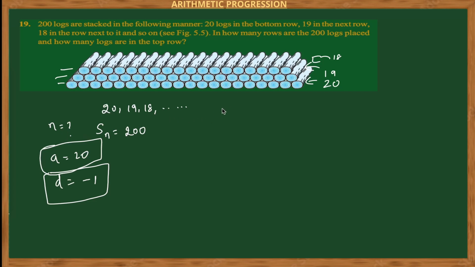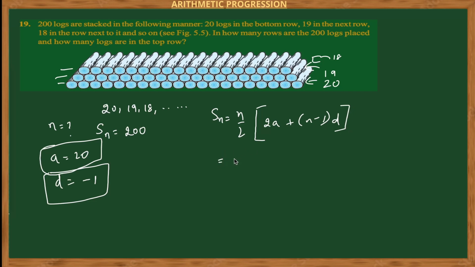So let's put our formula for finding the sum. Sn is equal to n by 2 into 2a plus n minus 1 into d.